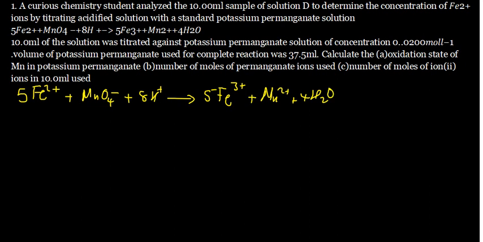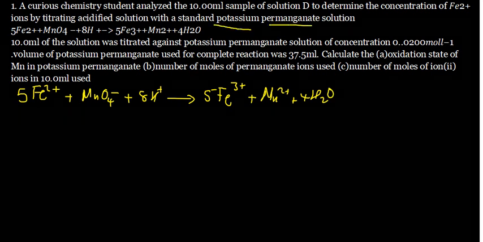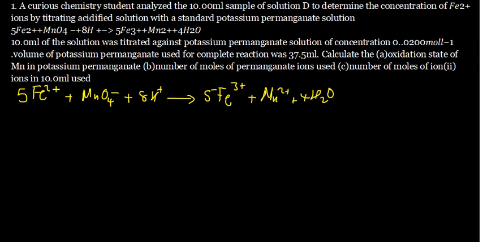Now we've been told that the potassium permanganate is standard. So from the potassium permanganate, this is where we've seen the manganate ion. The potassium was a spectator ion, so it cancelled, right? So this is what we have. Remember, this ion is standard. But one thing we know is that 10 mils of solution D, which contained iron 2 plus, was used.